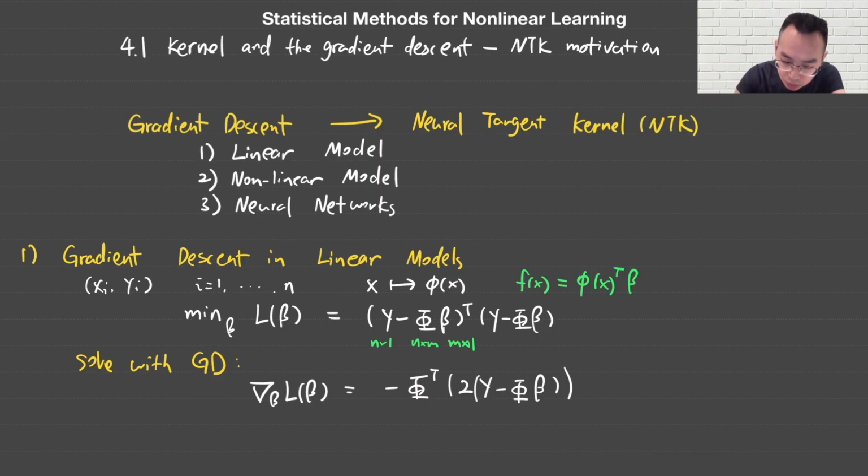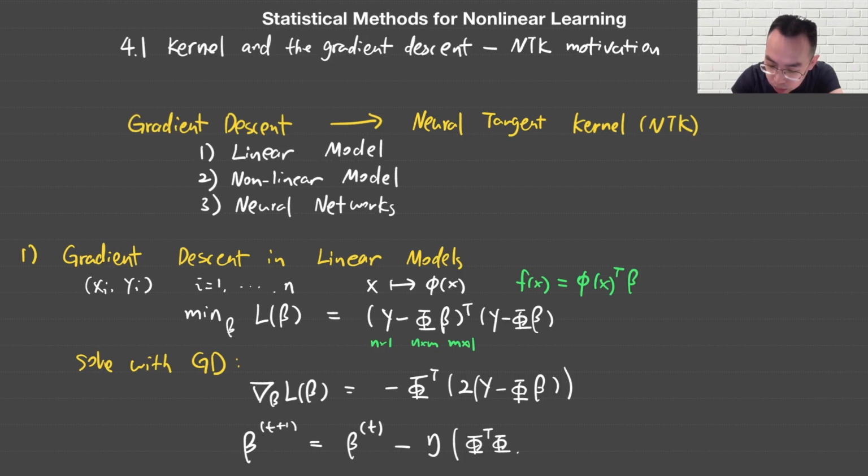The update rule is beta t plus 1 equals beta t minus a learning rate, let's call that eta, times the gradient. The constant 2 can be removed, so we have phi transpose phi beta minus phi transpose y. That is the gradient descent formula for the linear model, where beta is beta t.